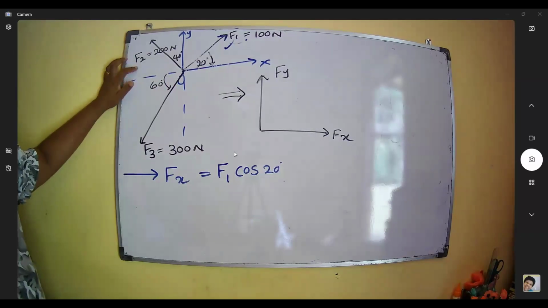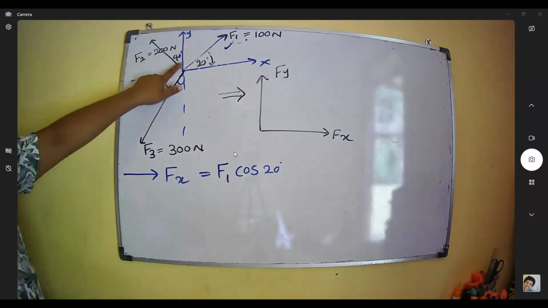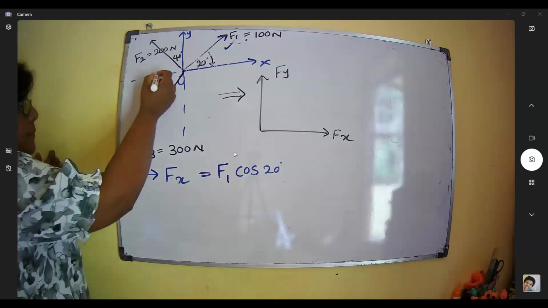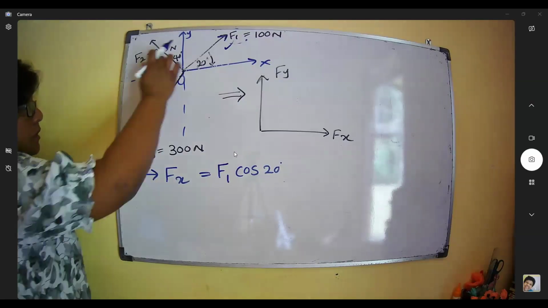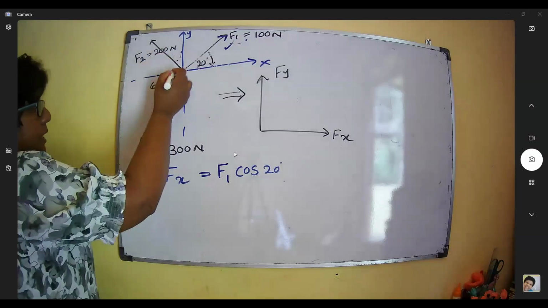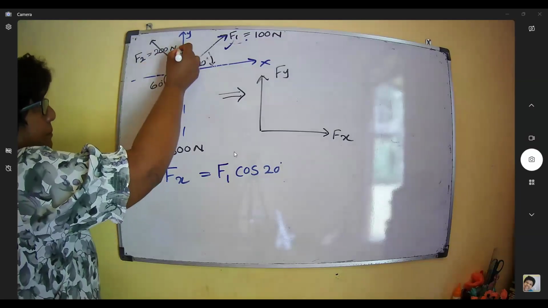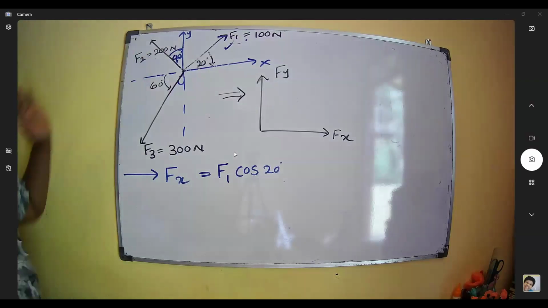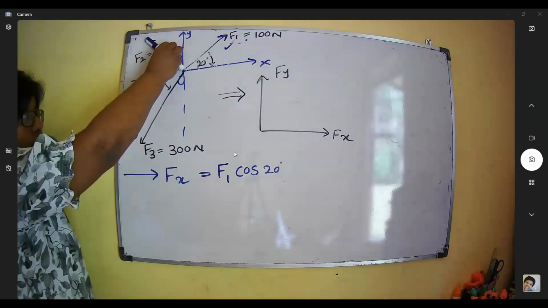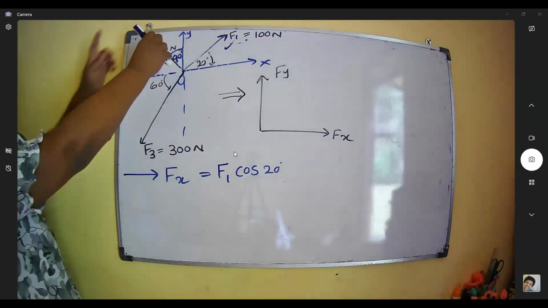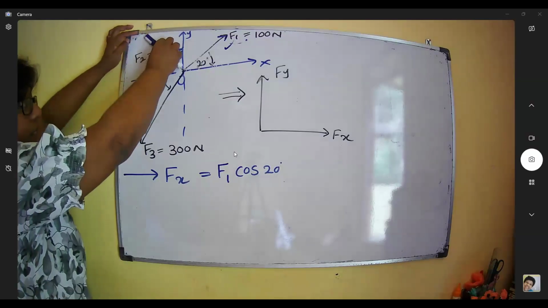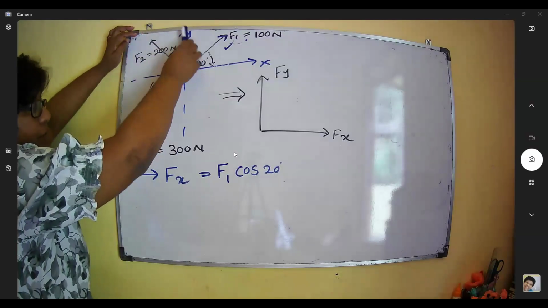Now we move to the second component, F2. It is 200 Newton, and this angle is 40. This is the direction of F2. Now we can convert this into Fx and also Fy.